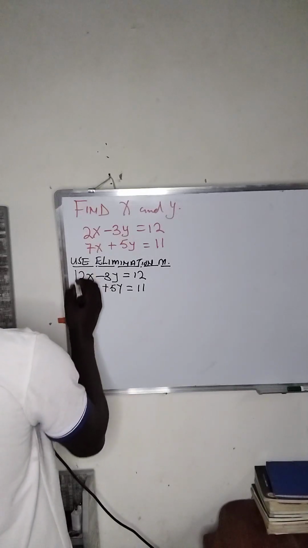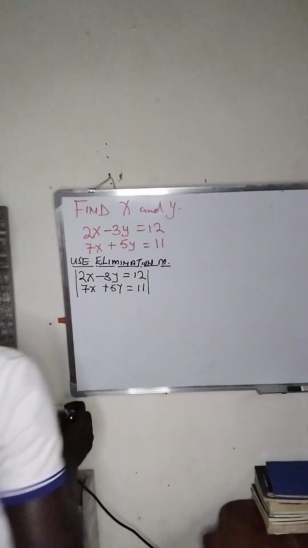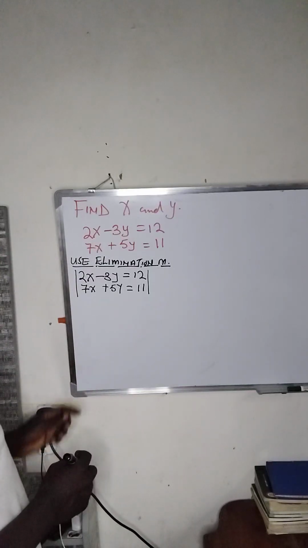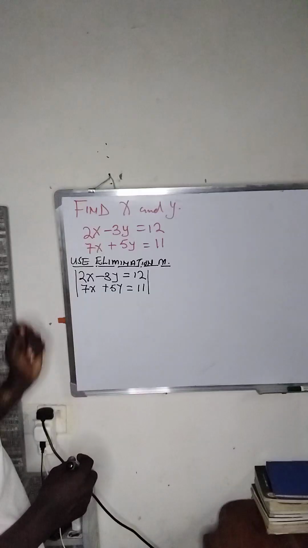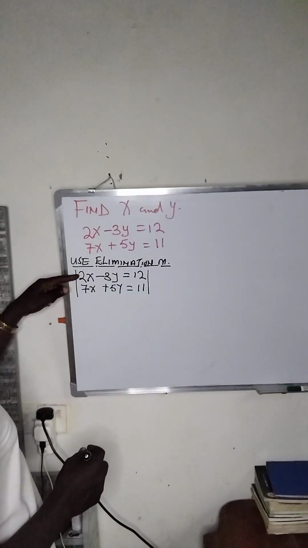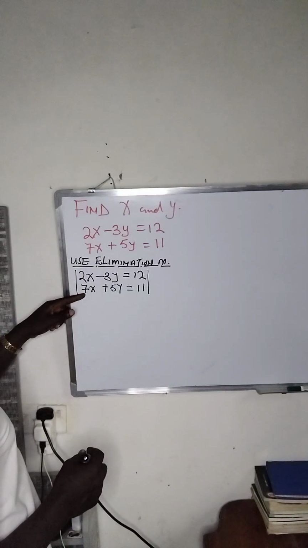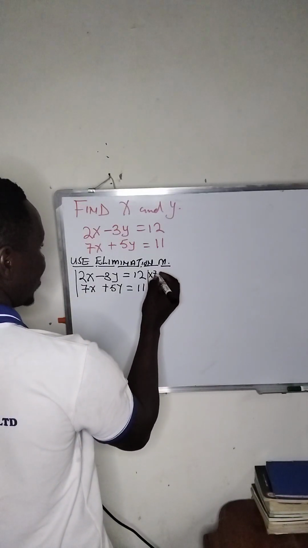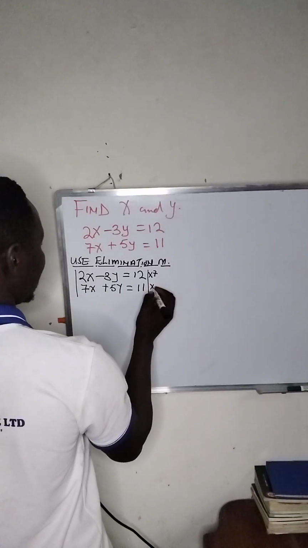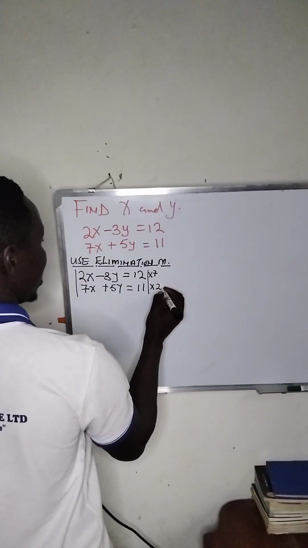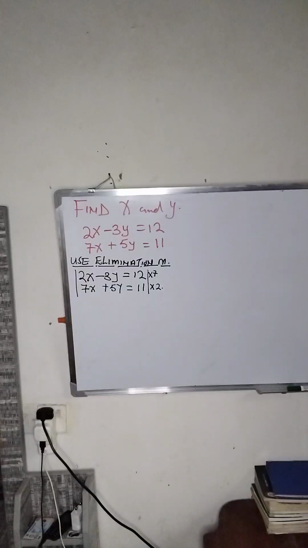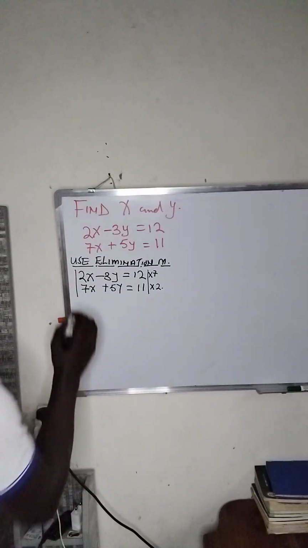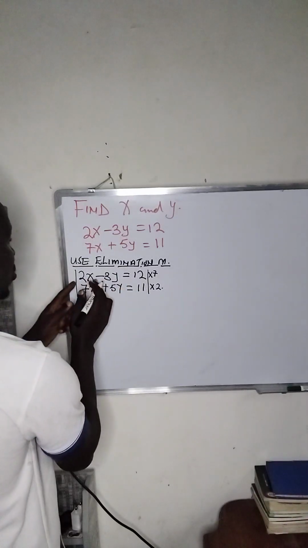Let us first eliminate x. To eliminate x, we need this coefficient to be the same. Here we have a 2 and here we have a 7, so we are going to multiply the upper equation by 7 and the lower equation by 2. By the time, we will obtain equations whereby the x values are the same.